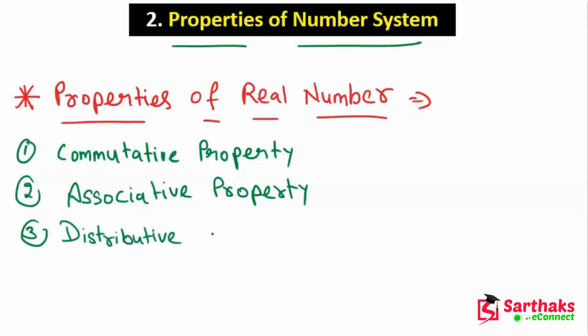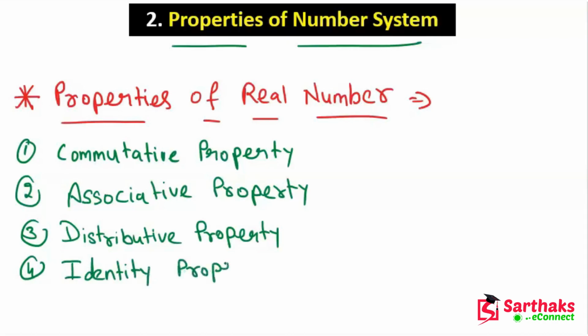And fourth is identity property. Now let's start discussing all these properties one by one.